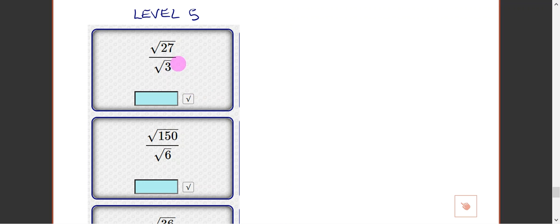So what are we looking for then? Well, we've got a root 3. We're hoping that there's going to be a root 3 in the numerator that we can divide through by. Okay? So let's have a look if we can. So root 27, what does that simplify to? Well, the clue is, have we got something times 3 to make 27? 9. Okay?